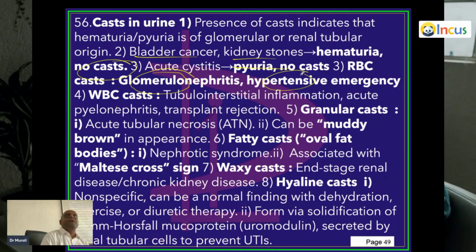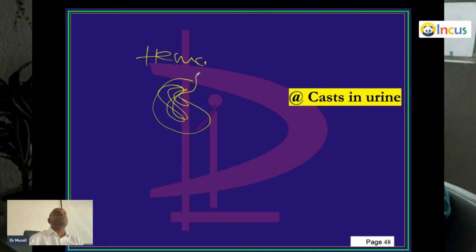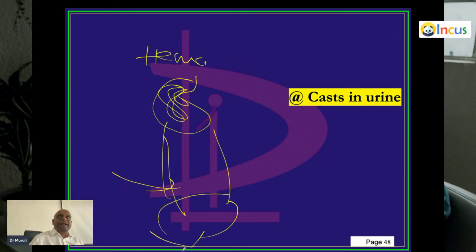And always remember, whenever you have RBC hematuria, how do you know whether the hematuria is originating from the glomerulus or from the ureter, the bladder, or the urethra?